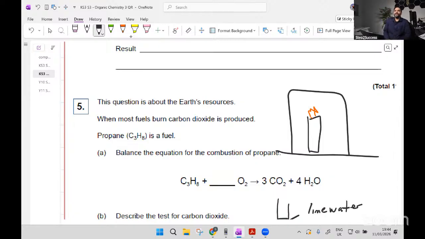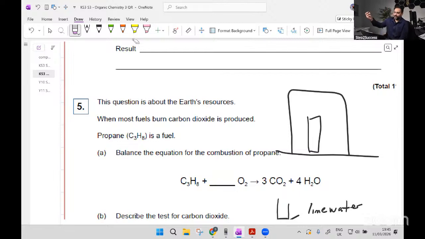Are you saying that because the candle goes out, that proves that there's carbon dioxide? Because if you are saying that, then that doesn't work because the reason the candle goes out is not because of carbon dioxide in that situation. It is because there is no oxygen. It's a slightly different point.